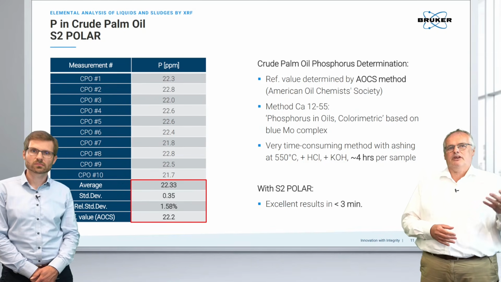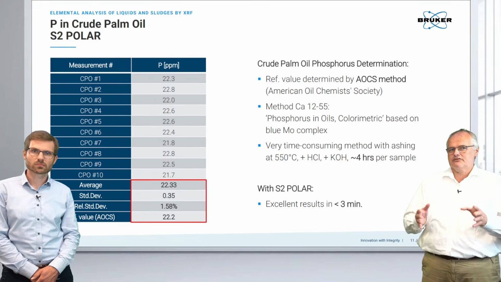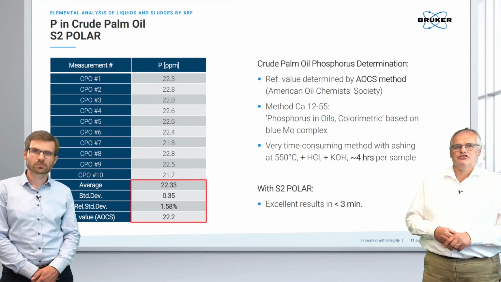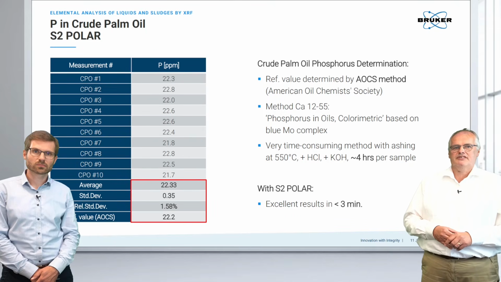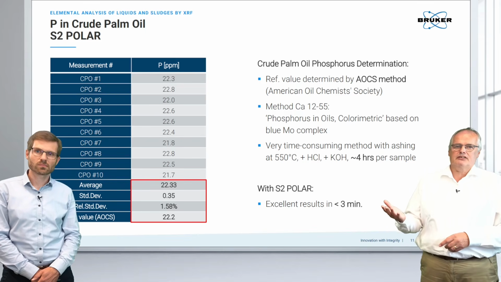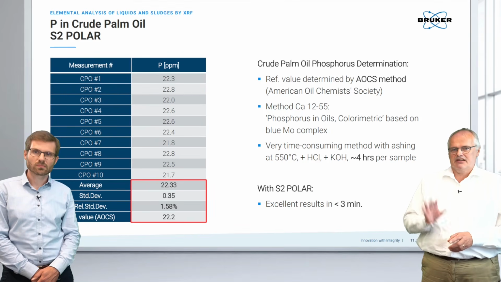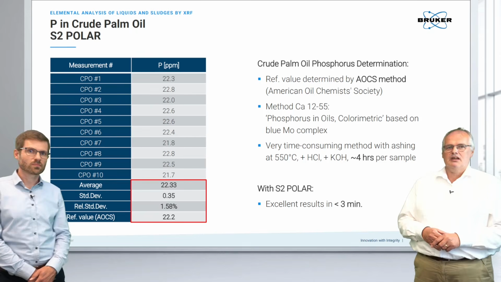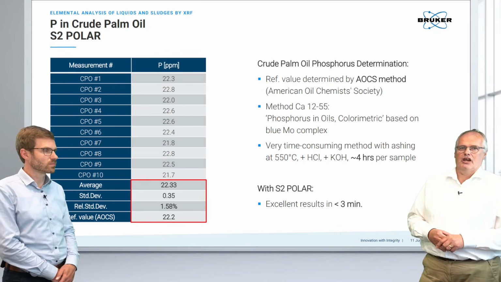When we take the reference method, like using the colorimetric determination using the blue molybdenum complex, we would have a time of about 4 hours per sample. And here we actually get deliveries. We have 3 minutes, and then we can say the palm oil is ready to go into the processing, and we can pay the company who has delivered this crude oil.